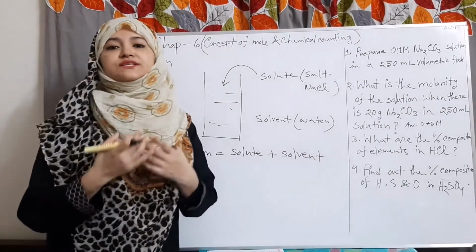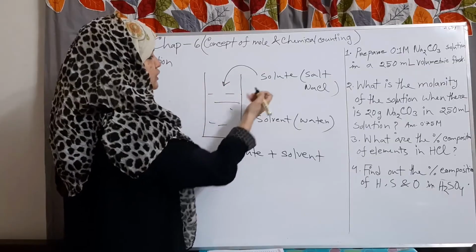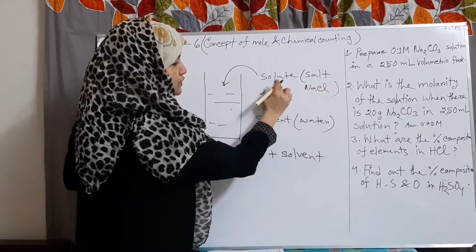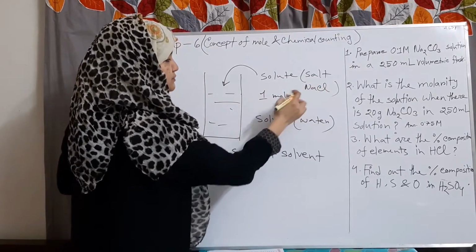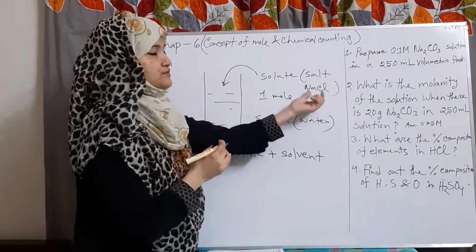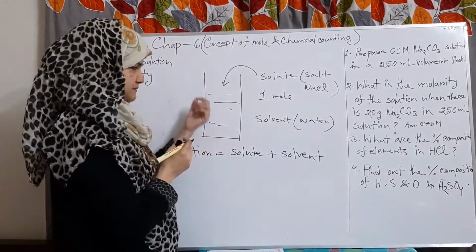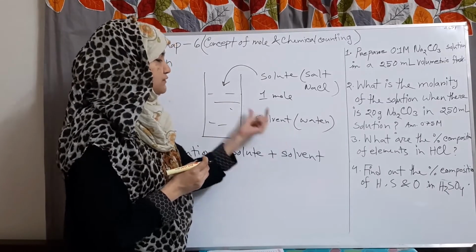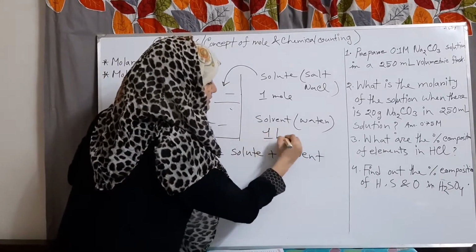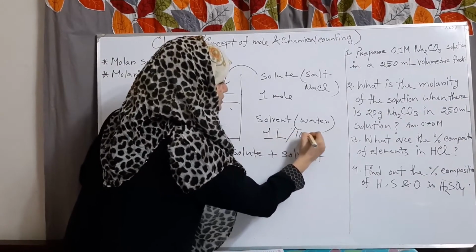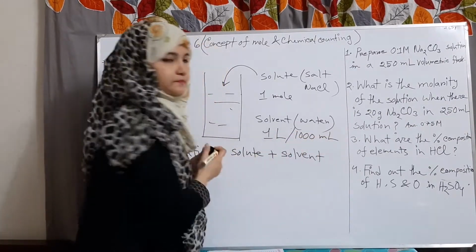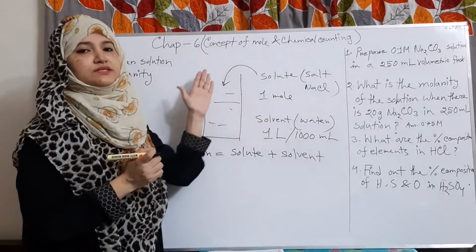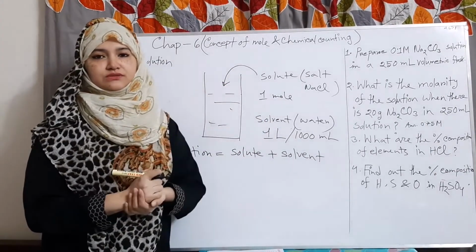Now, what is a molar solution? If you take 1 mole of solute, that means 1 mole of sodium chloride, and make the solution with the solvent to 1 liter, that means 1000 ml, then the solution is considered a 1 molar solution.